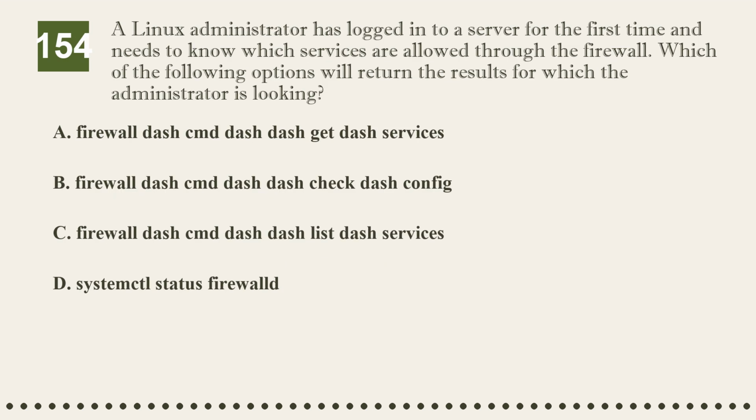Question 154. A Linux administrator has logged into a server for the first time and needs to know which services are allowed through the firewall. Which of the following options will return the results for which the administrator is looking? Option A, firewall-cmd --get-services. Option B, firewall-cmd --check-config.